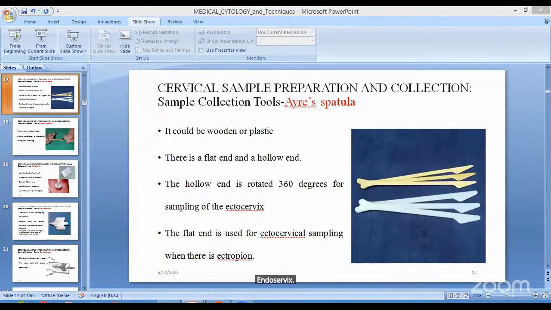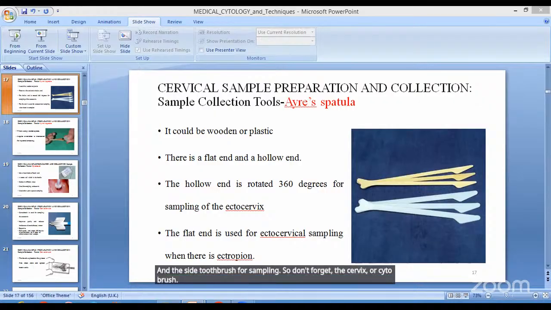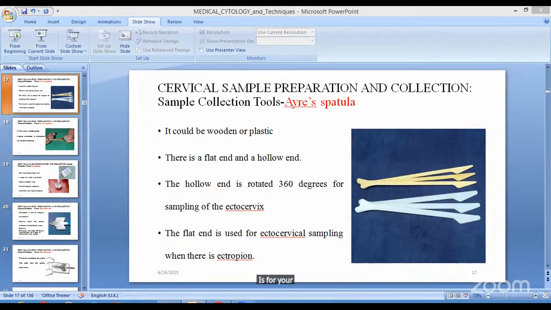So this is for emphasis. You should know why you should use the cervix brush and the Cyto brush for sampling. So don't forget, the cervix or Cyto brush is for your endocervical cells, while the spatula is for the ectocervical cells.